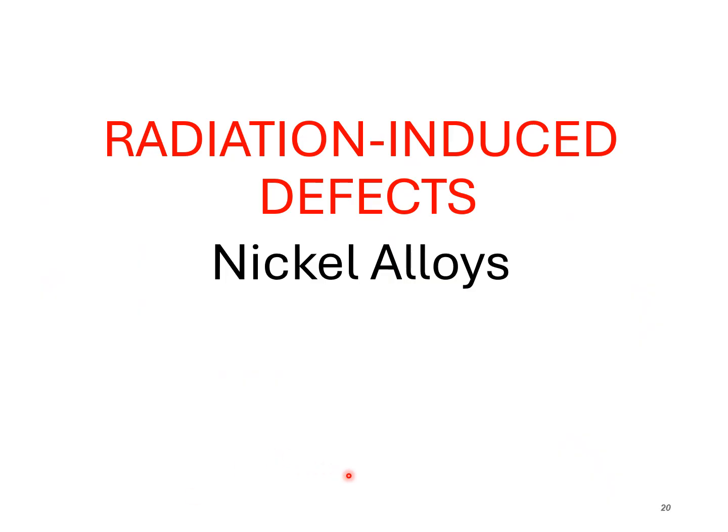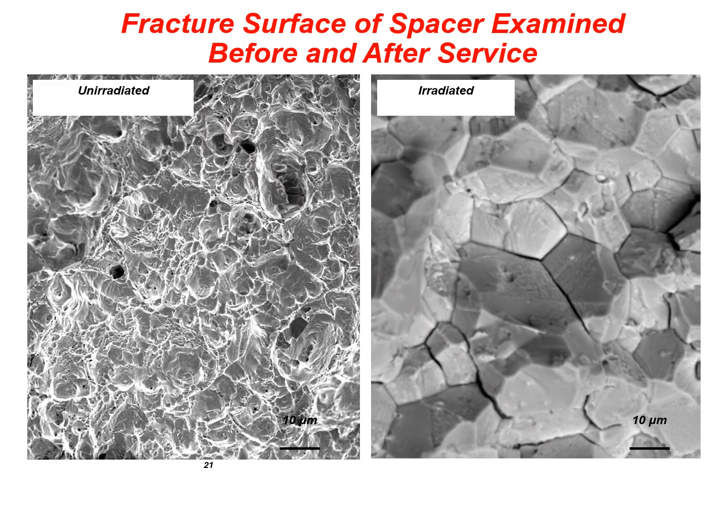So, I talked mostly about steels there, so now I'm going to talk a little bit about nickel alloys, for which I have a lot more experience. So in nickel alloys in CANDU reactors, when you go from an unirradiated to irradiated state, they exhibit very profound intergranular failure.